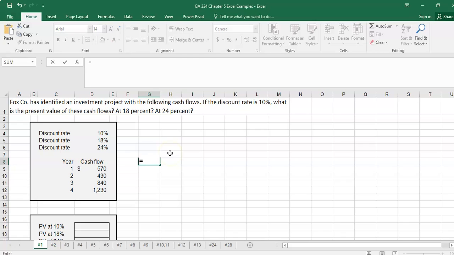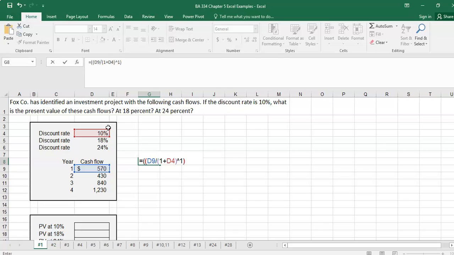So we're going to do each cash flow individually. And we want to make sure we put parentheses around them so we follow order of operations. So year 1, the future value divided by 1 plus the rate. We're going to do the equation for 10%, and we'll do the Excel formulas for the other 3.